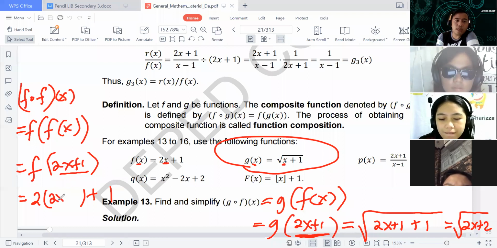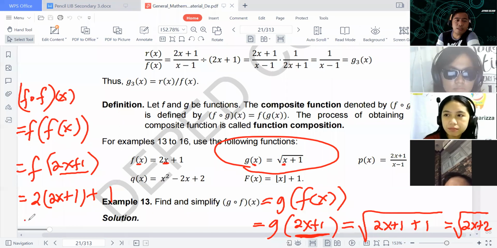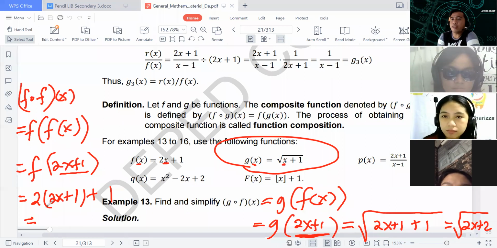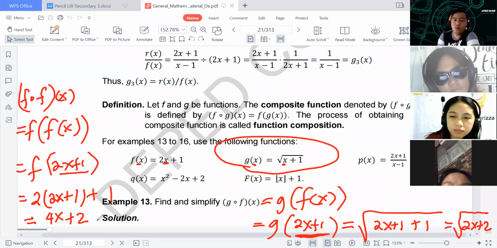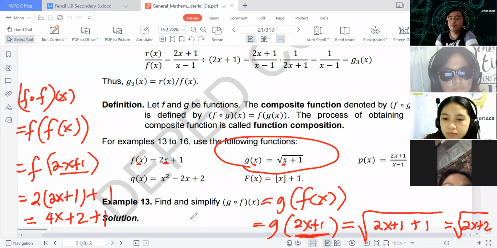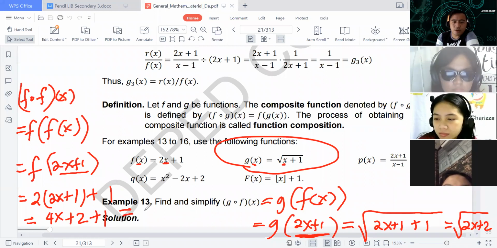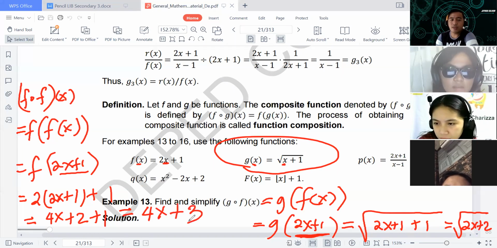So it will be 2 times the quantity 2x plus 1, plus 1 here. Clear? Then after that, you simplify this one. You distribute the 2. So it will be 4x plus 2 plus 1. And simplify it further. So your answer will be 4x plus 3.